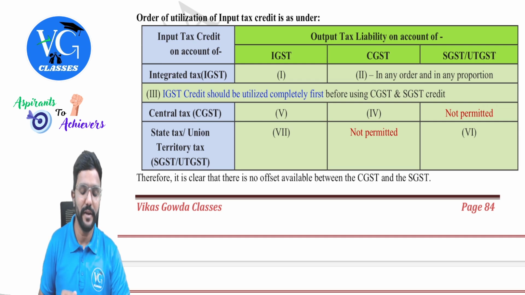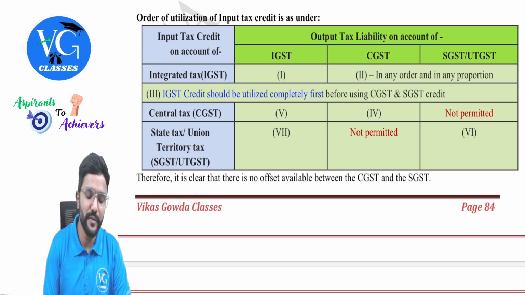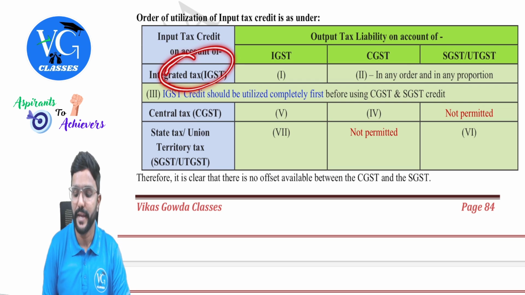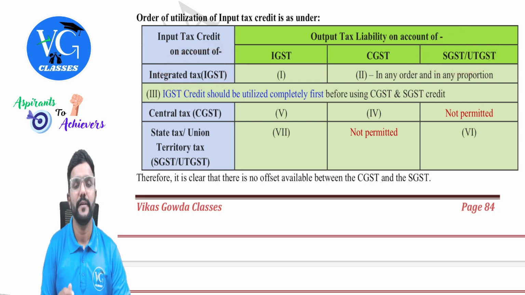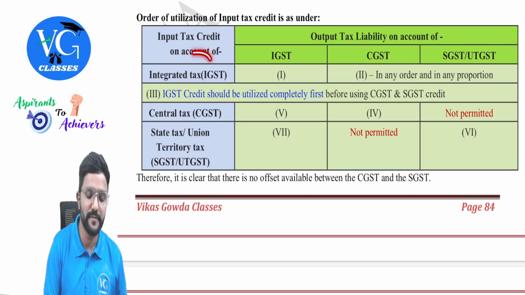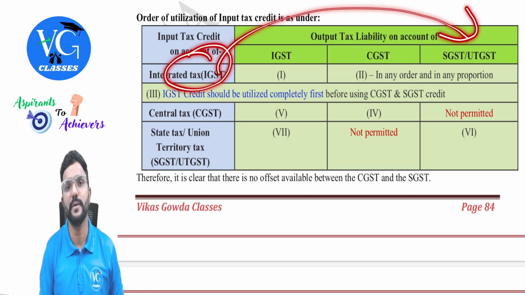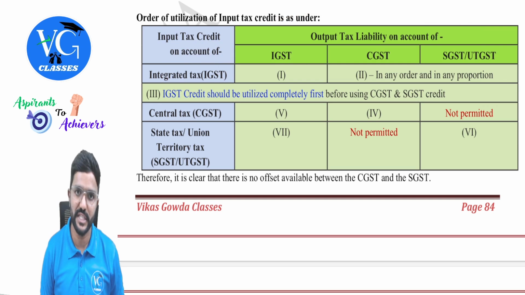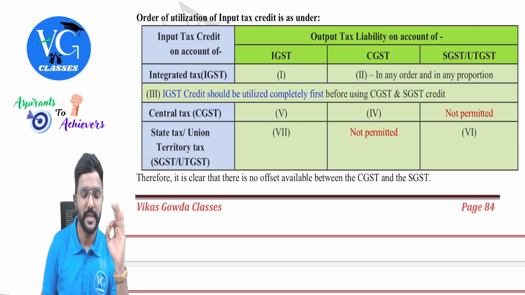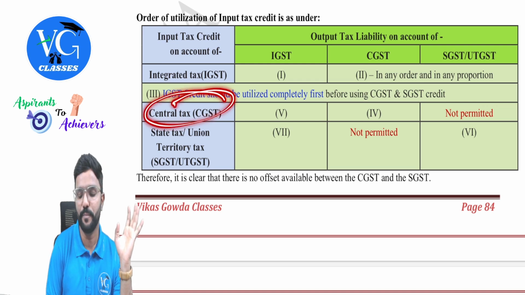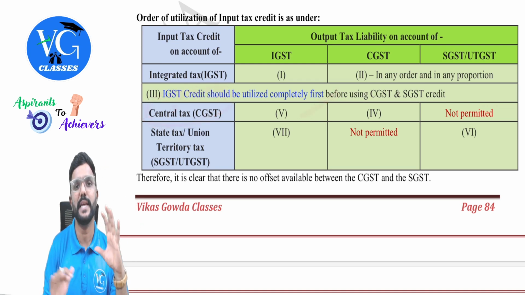Yes. Same way, for example, if I have used IGST credit to pay SGST, the central government will transfer the balance from the IGST account to the respective SGST account of the state. Sir, what if CGST credit is used to pay IGST liability? Same story, guys.